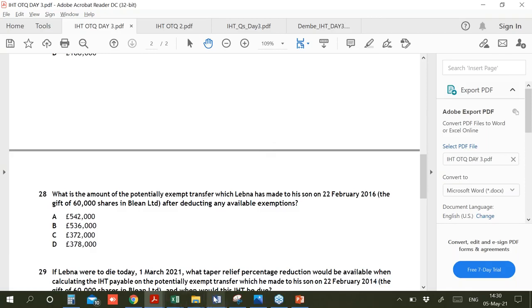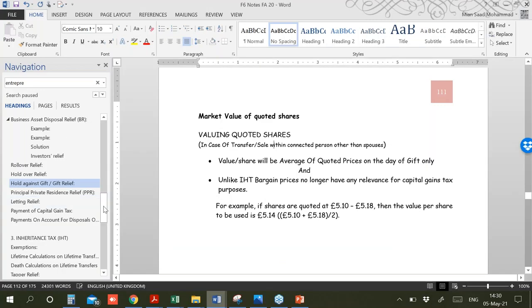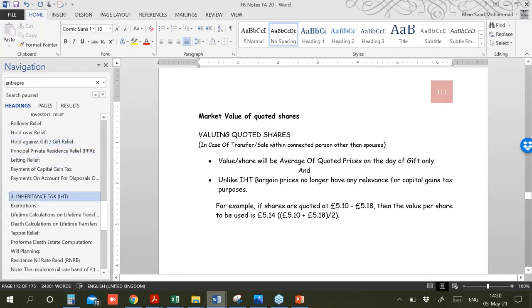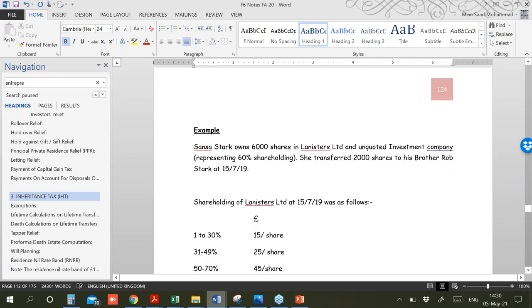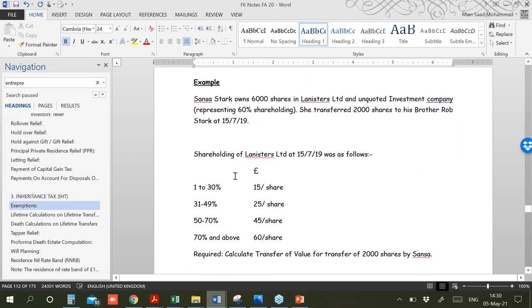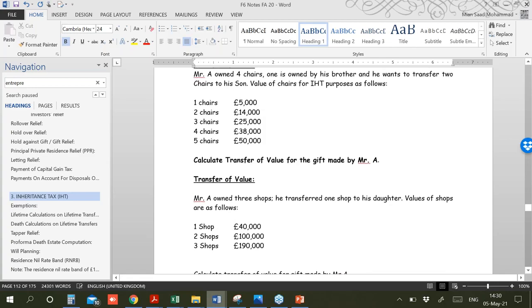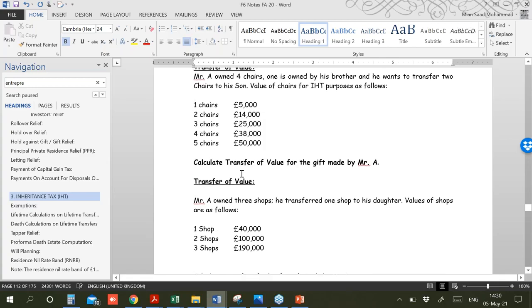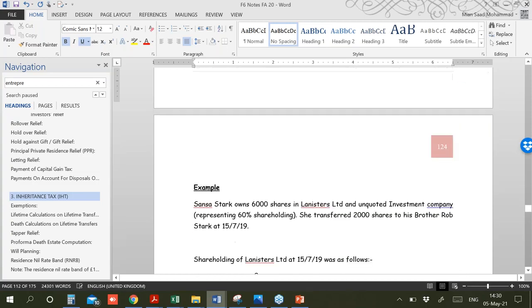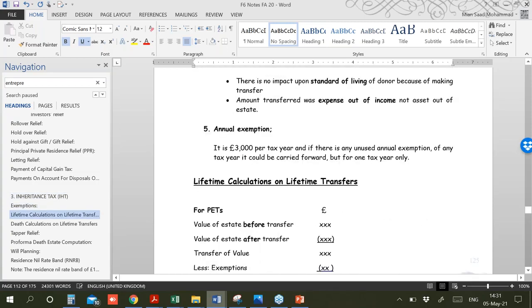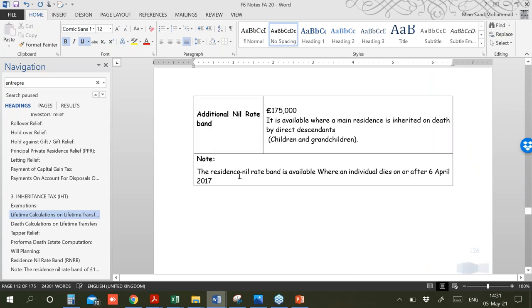If I'll take you to my notes, which are also available in the handout section, the third chapter is inheritance tax, IHT, and in that I have clearly mentioned transfer of value, how it is calculated. It is calculated as value before transfer and value after transfer.